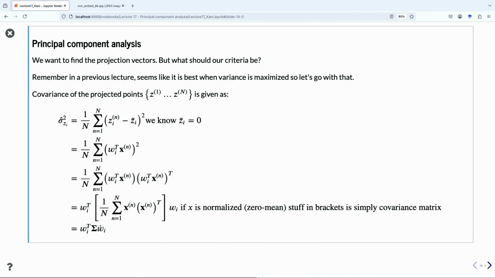Pretty interesting result. Basically, the covariance of the projected points can be easily calculated from the covariance of the original data points. So how does that help us?